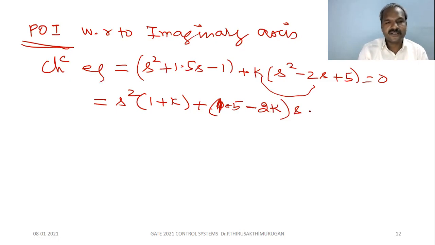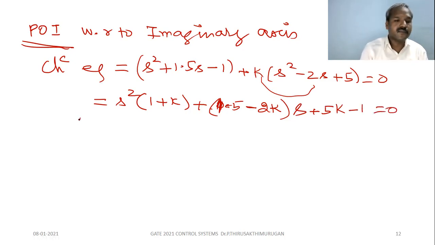Then what is the constant term? 5k minus 1, equal to 0. So let us form the Routh table, the RH table, the Routh array table.